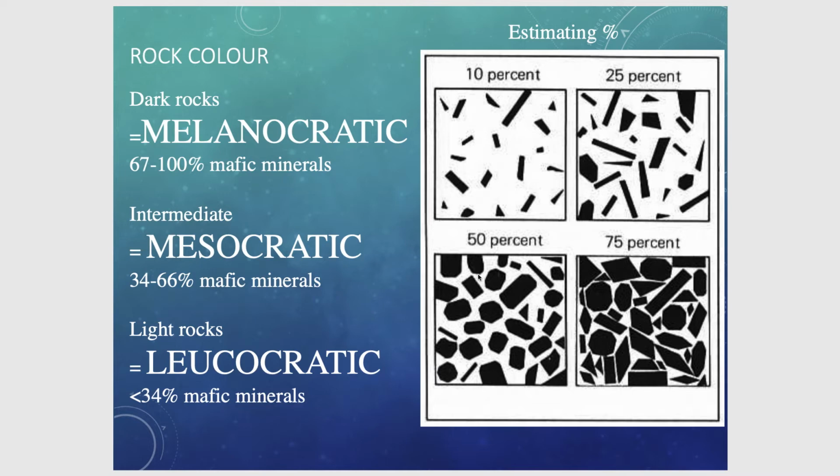So the percentage of mafic phenocrysts can help you in defining a terminology for calling a specific rock. So if you tell me that a rock is leucocratic, I will know that it already has very few phenocrysts, and these are relatively low in percentage with respect to the total volume of the rock.